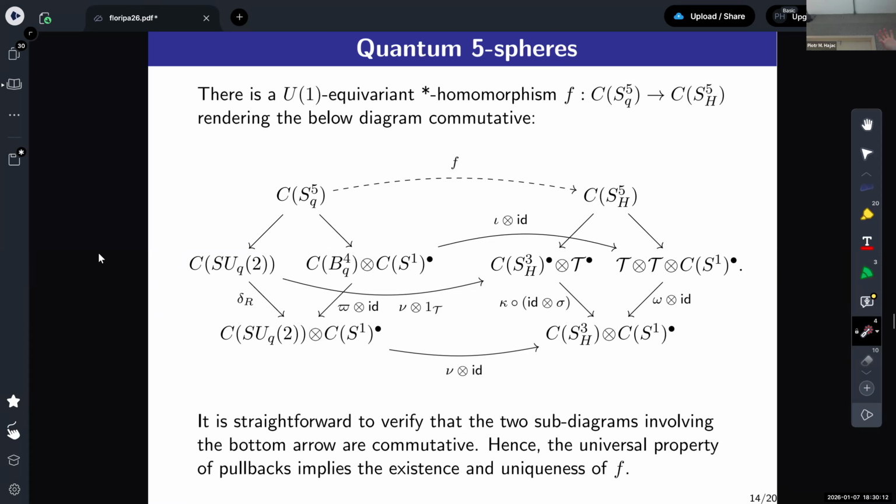This is what Voiculescu once explained to me, and I cherish this memory very much, because what is this tensor power of the Toeplitz algebra? It is a multi-disk. What is a multi-disk? Topologically it is a ball, right? And what are compact operators? These are like open disks. So when I divide a closed multi-disk by the open multi-disk, well, I'm removing the inside of a ball from the ball, so I get a sphere, right?